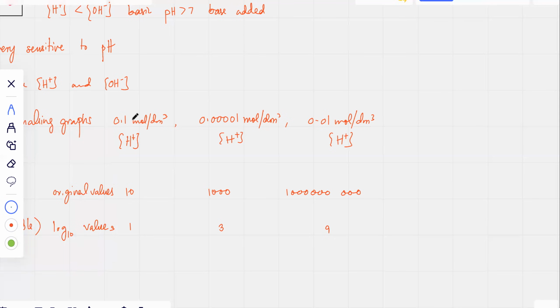So this is 10 power minus 1, right? So the log is going to come out to be -1. This is 10 power minus 5, I think. So if you take log of this, it's going to come out to be -5. And this is 10 power minus 2, right? So most of the time, concentrations are small values, very small or relatively small.